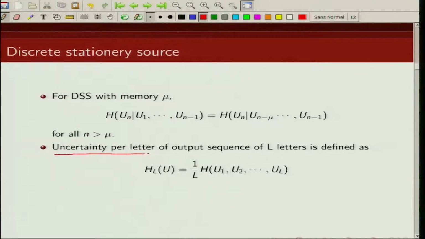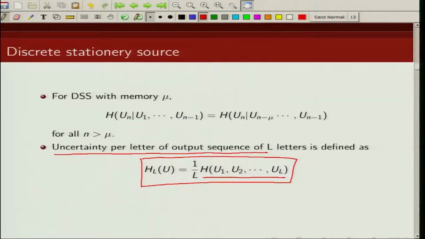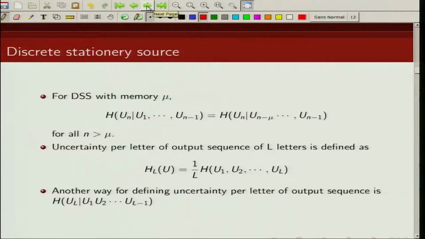One way is uncertainty per letter, defined as the joint entropy of U1, U2, U3, up to UL, divided by L. Another way of defining the uncertainty per letter is using conditional entropy: the uncertainty in UL given U1, U2, U3, up to U(L-1).